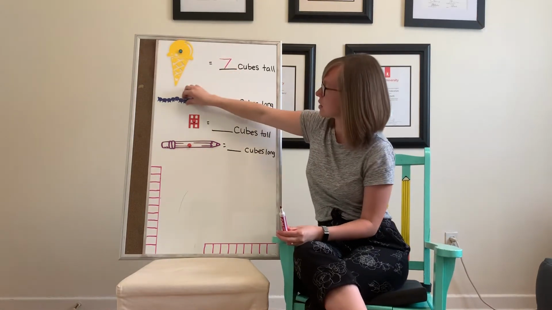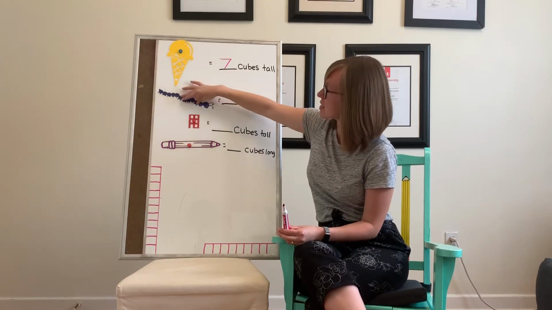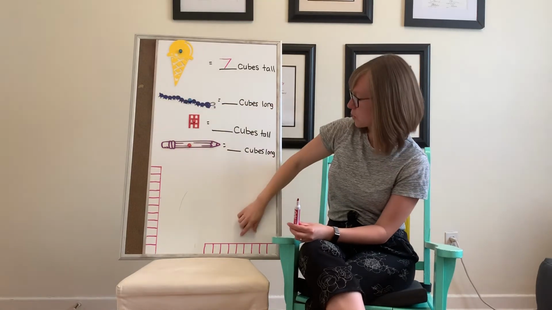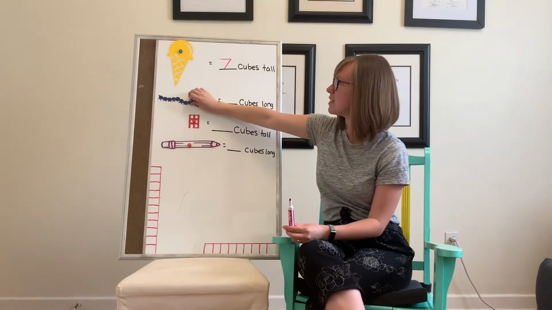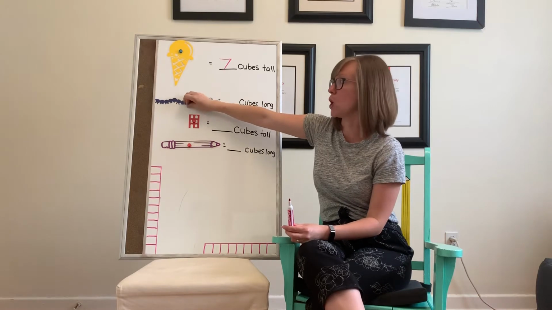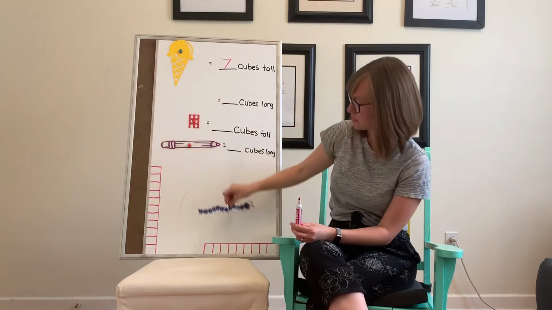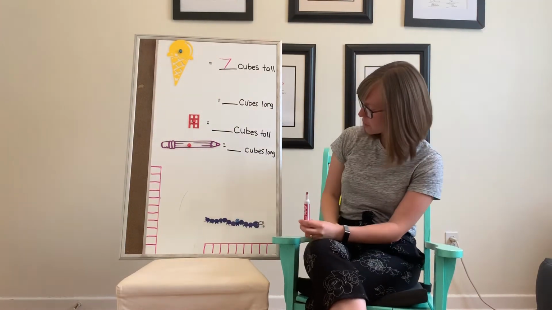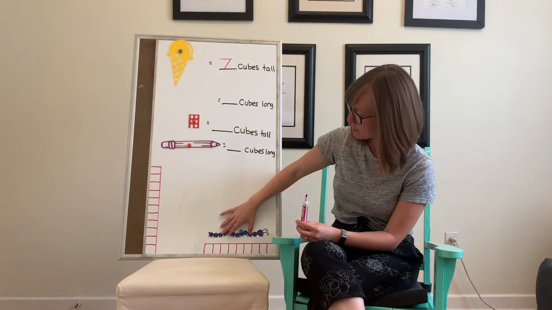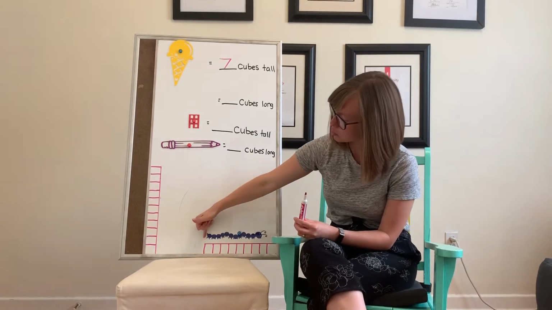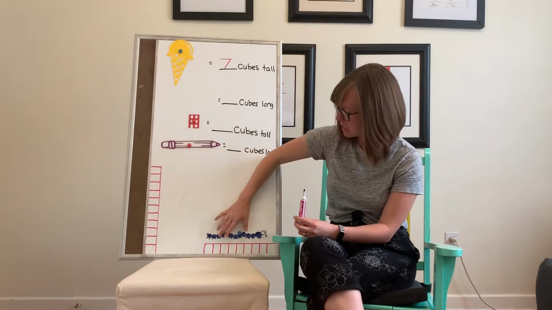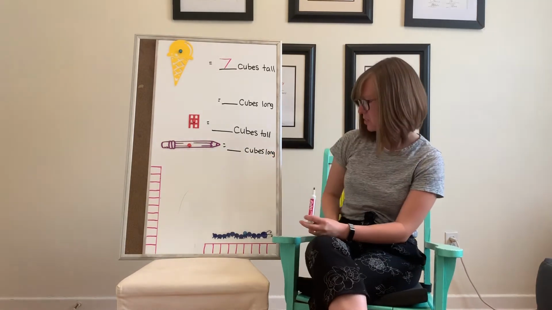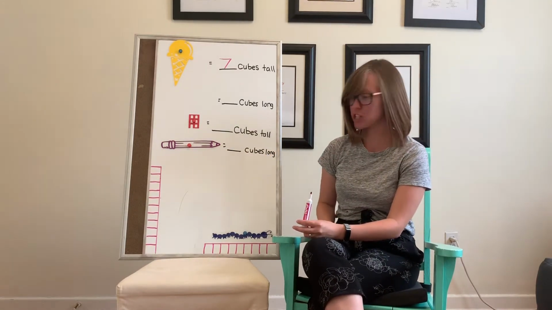All right, let's try out our caterpillar up here. Now this caterpillar is going long, so we're going to use this measuring tool here to see how many cubes long our caterpillar is. Now I want to be very careful to make sure my caterpillar is lined up to the start of my measuring tool. If I put it in the middle here, I really can't count up how much that is.